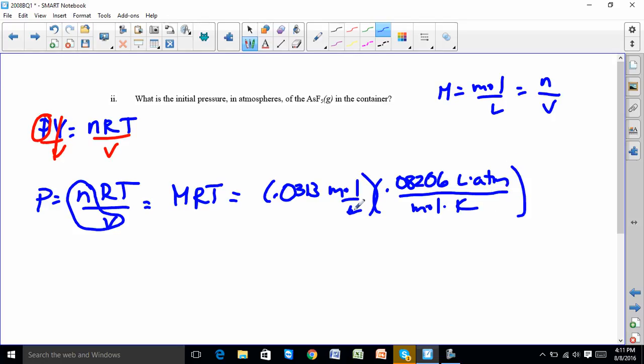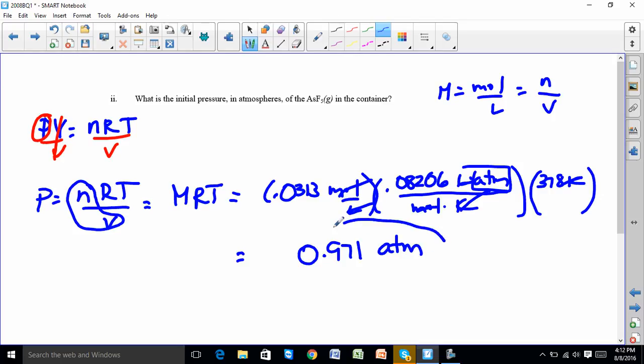Okay, so liter cancels with liter and moles cancels with moles, and then the temperature is 378 K. And you know, I always get a lot of satisfaction when we're solving for pressure and every unit except pressure has canceled, and I got 0.071 atmospheres. Slightly different if you look at the scoring guidelines online. It's because of this and because of this. They did it a different way.